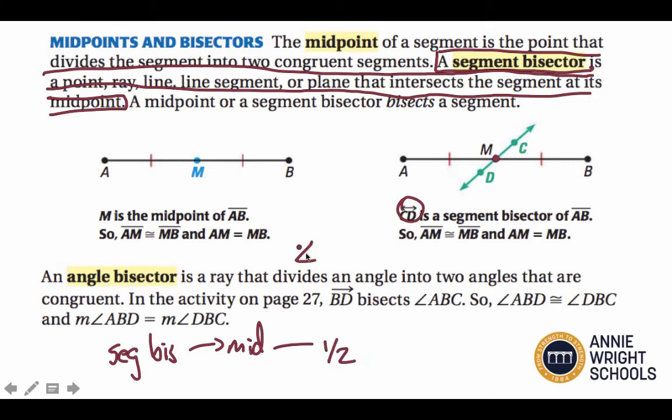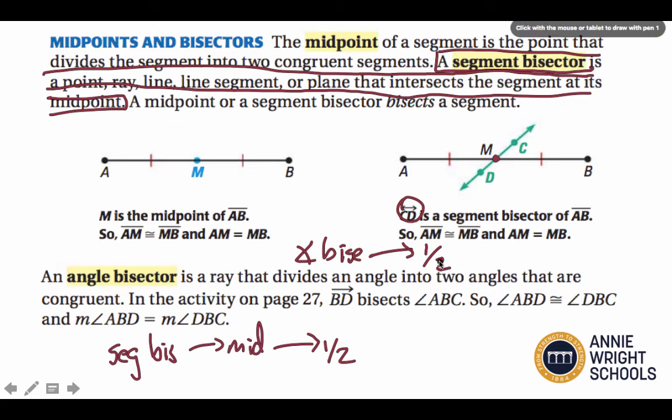For angle bisector, we're just allowed to go straight to the half. Good? I know it's weird, but the way these definitions work are precise. Segment bisector implies midpoint. Midpoint implies that the segments are cut in half or equal. Angle bisector means the angle is cut in half.